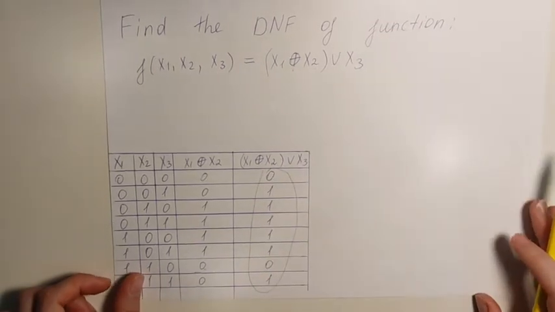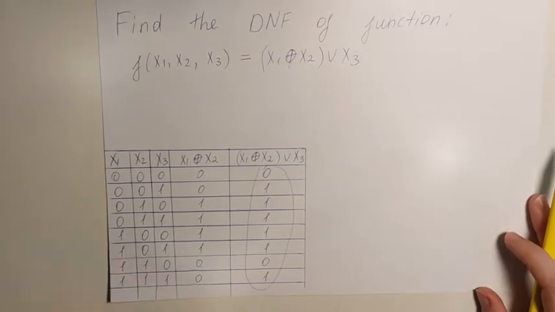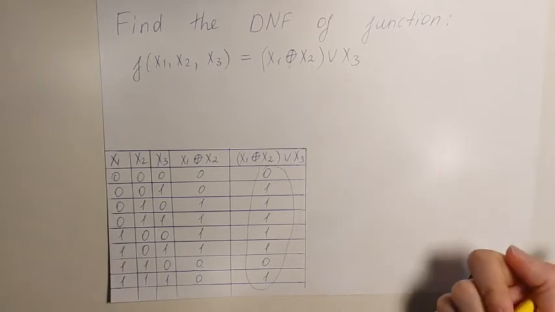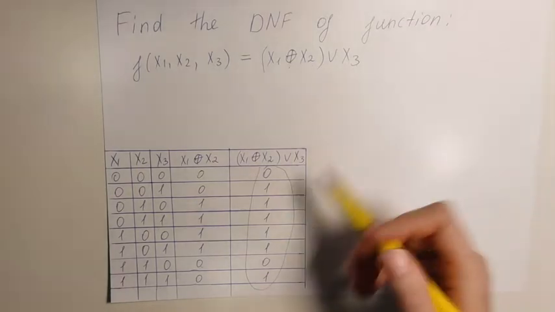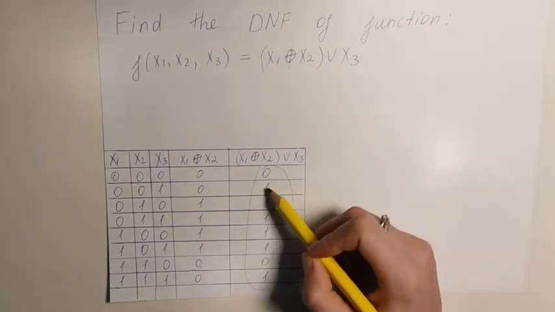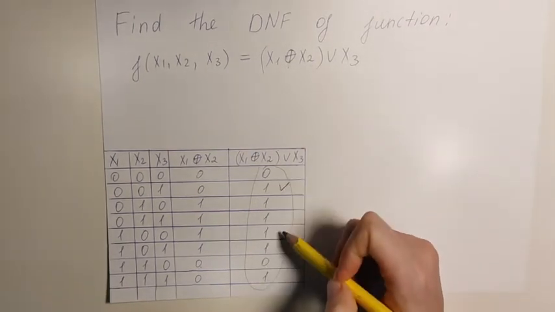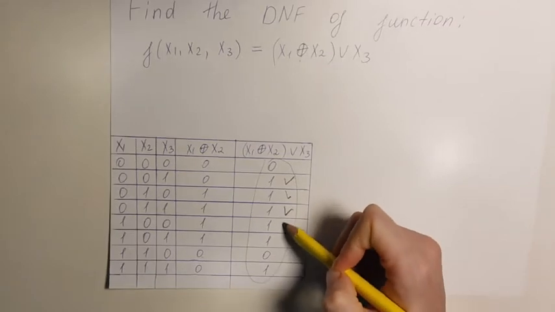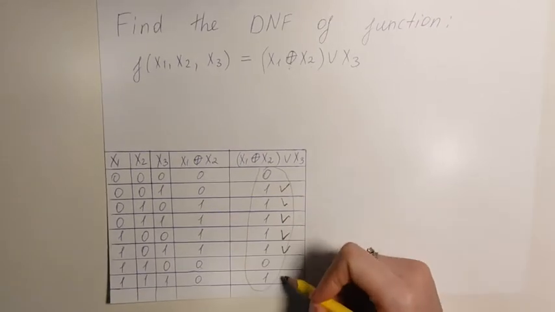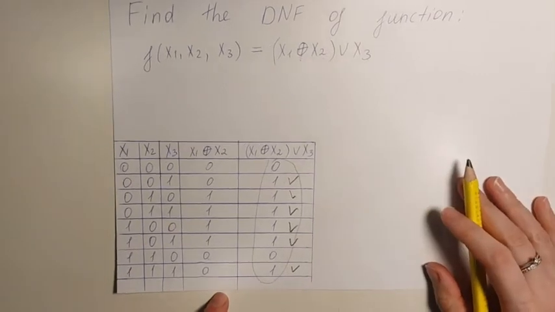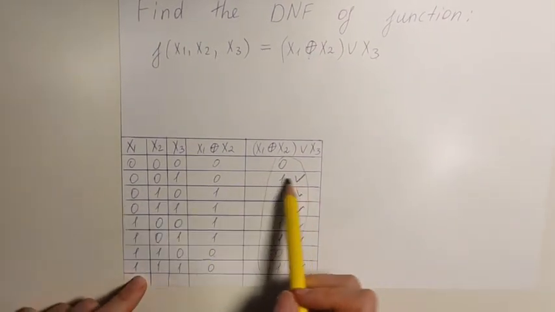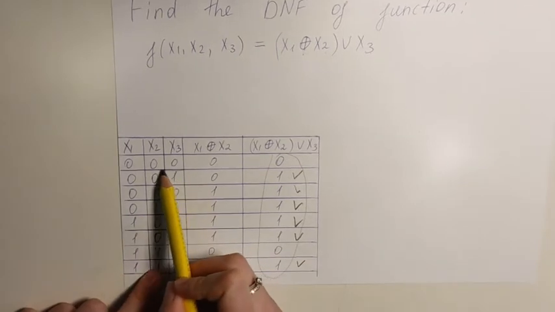In order to construct the DNF, all we need is to choose the results of 1. Which result is 1? This and this one. So let's choose the ordered triples.